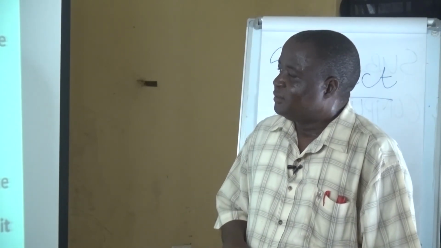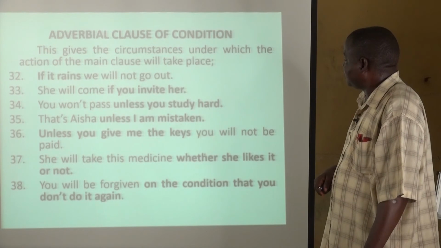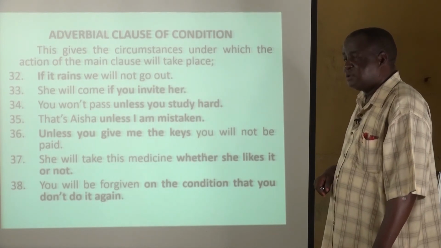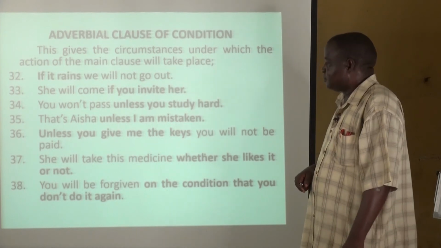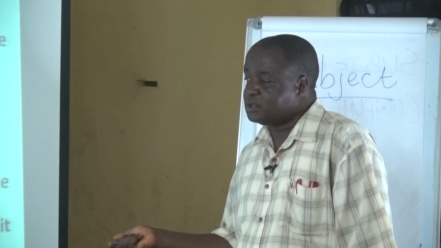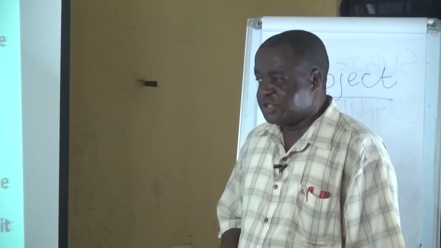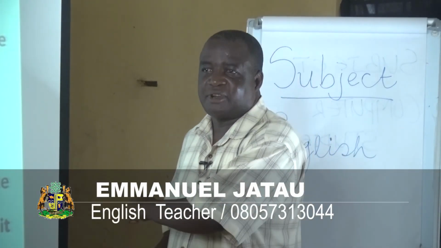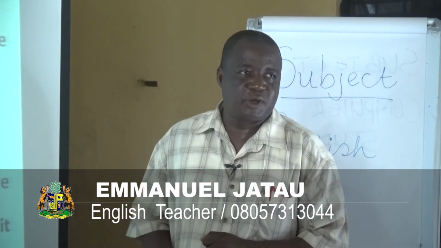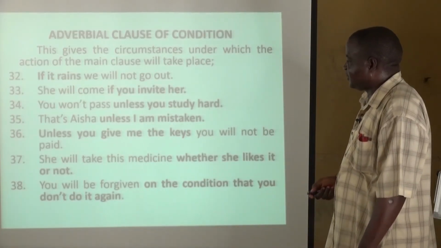37. She will take this medicine whether she likes it or not. "Whether she likes it or not" is an adverbial clause of condition. "Will take" is the verb modified by the adverbial clause of condition. 38.